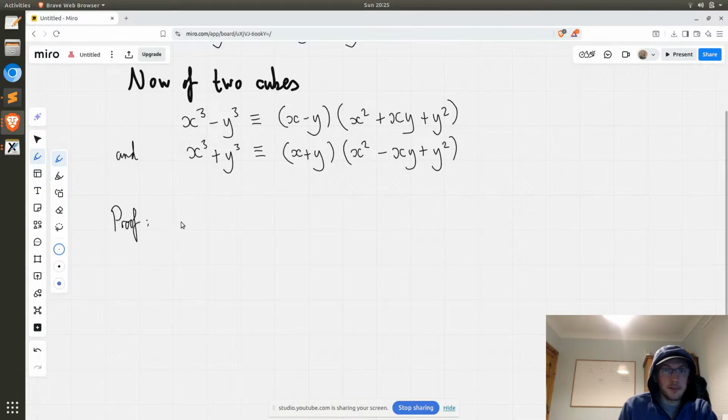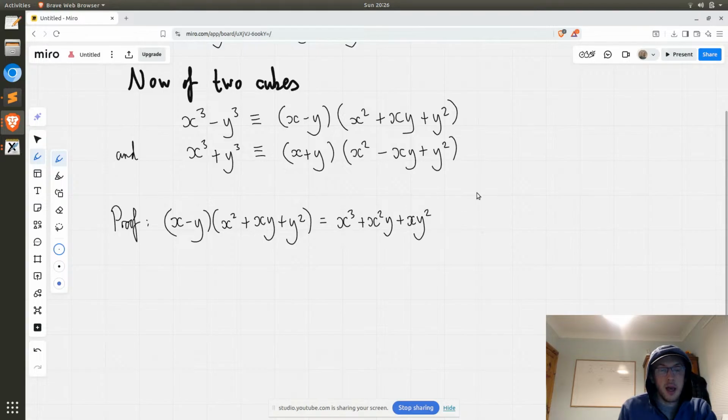For the first one, we prove just simply by expansion. So it's x take y times x squared add xy add y squared. First, multiply everything through by x. So it's x cubed add x squared y add x y squared. Next, multiply everything through by negative y, but put things in alphabetical order.